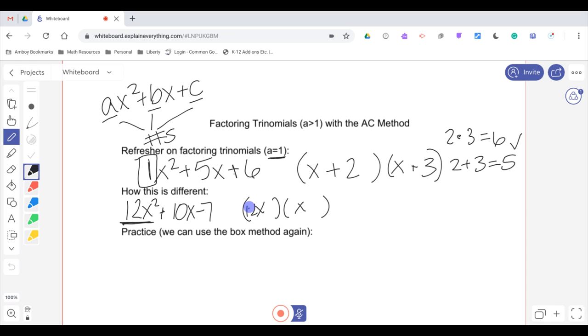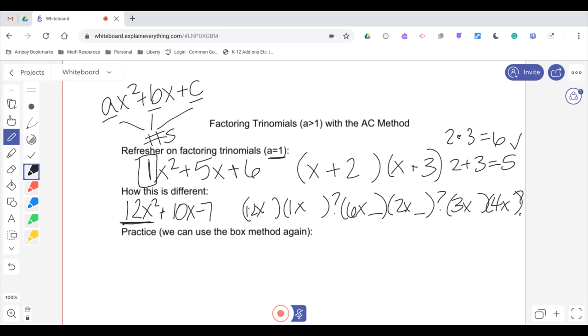Did they do 12 times 1? Did they do 6x times 2x? Or did they do 3x times 4x? I don't know which one they did, and having all of these different numbers is going to affect the other factors inside the rest of the parenthesis.